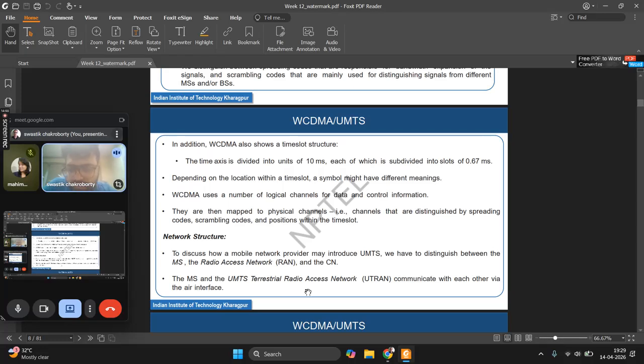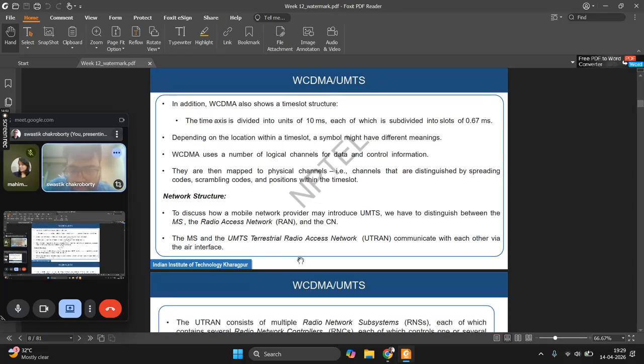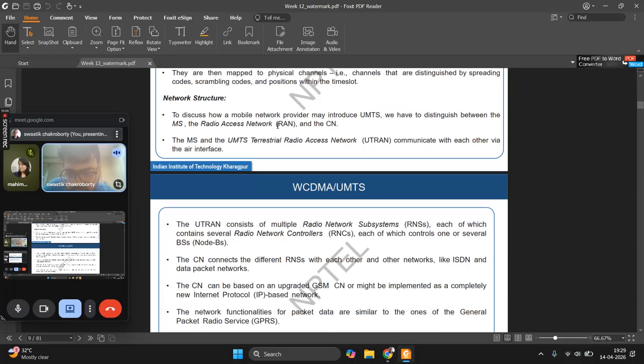So the MS and the UTRAN communicate with each other via the interface. Instead of saying the user and the base station communicate, we are saying that the user and the entire network are communicating via the air interface. Now the UTRAN itself consists of radio network subsystems.